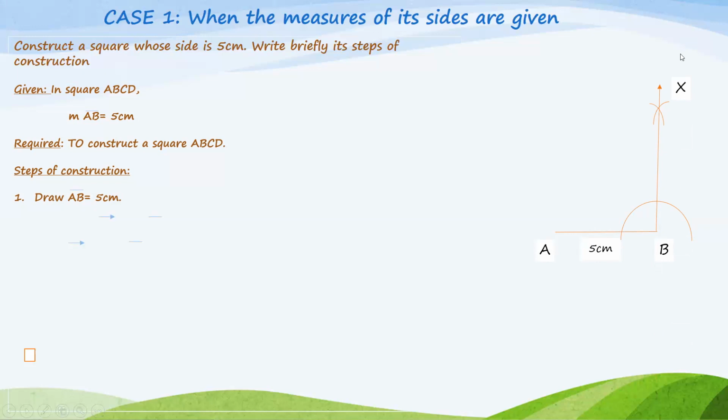Why do we have to draw the ray, students? Because we don't know the ending point. It can extend indefinitely only in one direction, so we make an arrowhead over there. I have mentioned the name X. So I have drawn BX, which is perpendicular to AB.